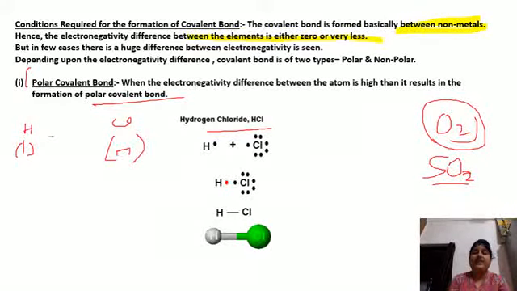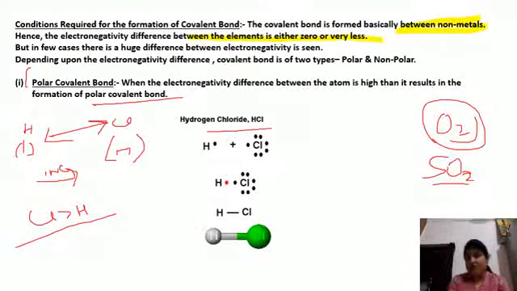So the electronegativity difference will be very high. We all know very well when we move from left to right in period, the electronegativity get increased. So the electronegativity of chlorine is more than that of hydrogen.